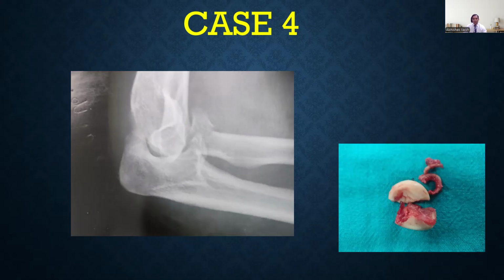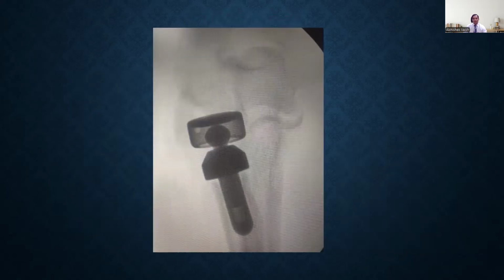So we excised the fractured fragments and replaced the radial head using a radial head prosthesis. The benefit and the beauty of this implant is that we can ask the patient to move his hand and rotate the forearm immediately, and achieve very good results and stability.